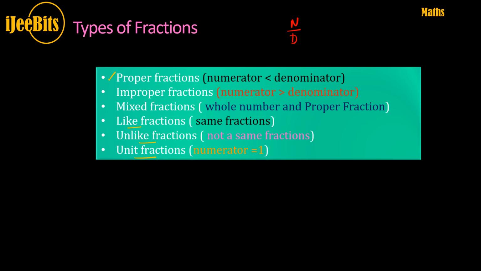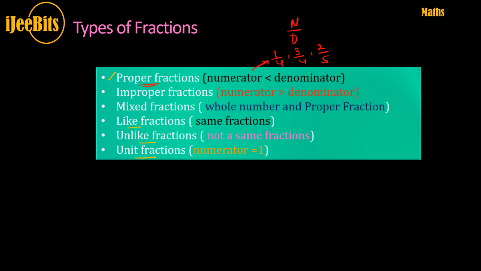The condition is that the numerator is less than the denominator. Examples are 1 by 4, 3 by 4, and 2 by 5. Observe clearly that the numerator is a lesser number than the denominator. That is what you call a proper fraction.